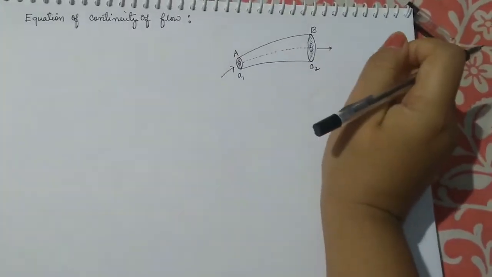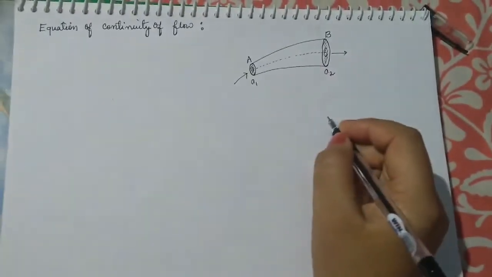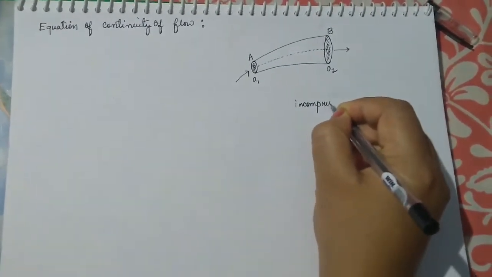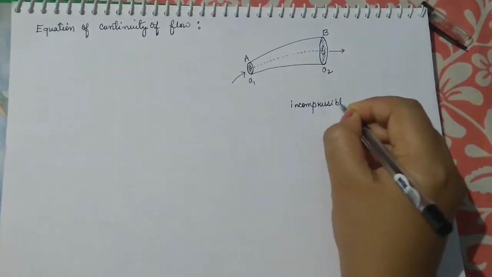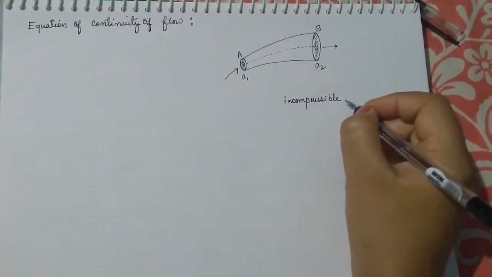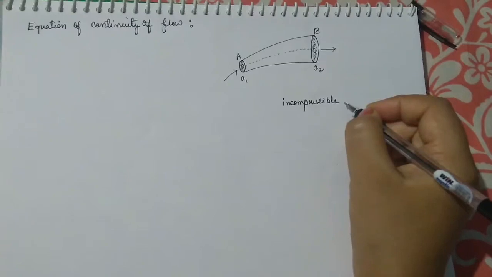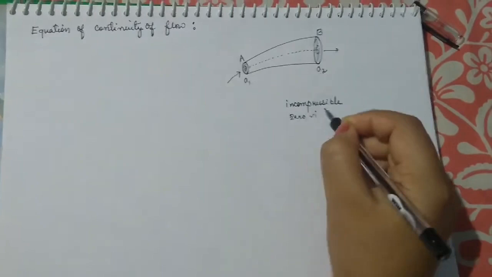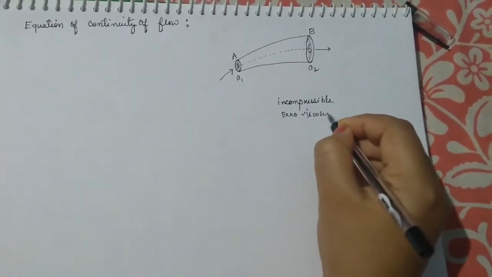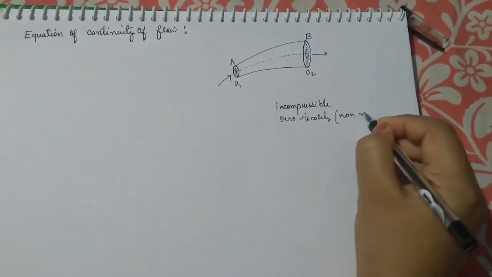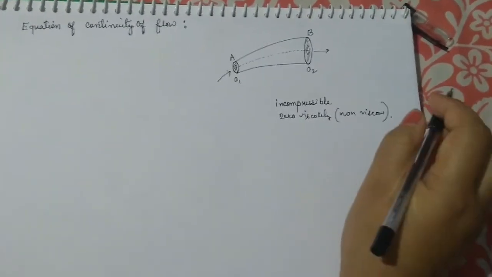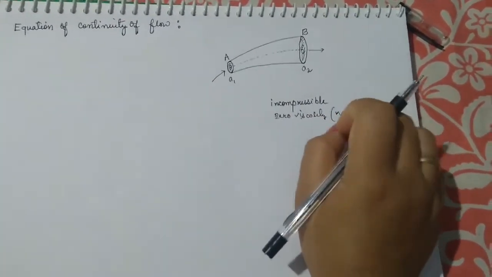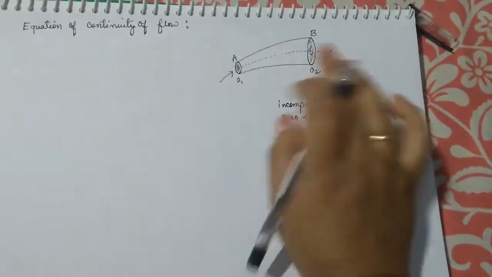And the liquid that is flowing through it, as we have already mentioned, in all the cases we will always consider a liquid which is incompressible, and its viscosity is zero, that is, it is non-viscous. So let us consider that an incompressible and non-viscous fluid is flowing through this tube from A to B.